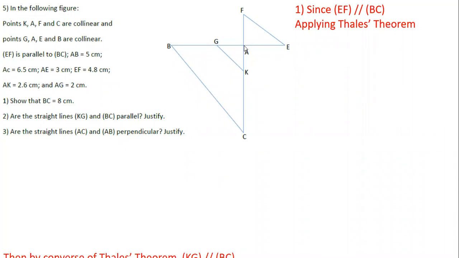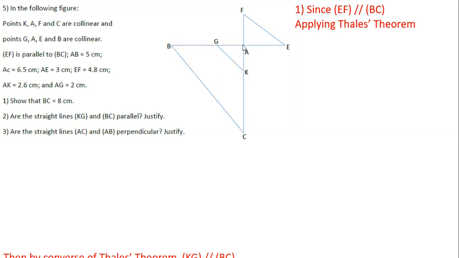Start applying Thales, Reem. So we say AF over AC is equal to... Listen, Reem. We take the sides of the small triangle over the sides of the big triangle. We start with AF over AC.